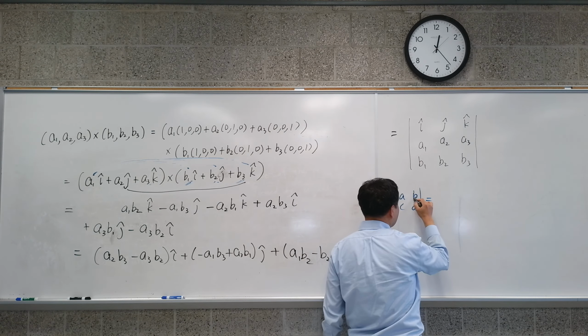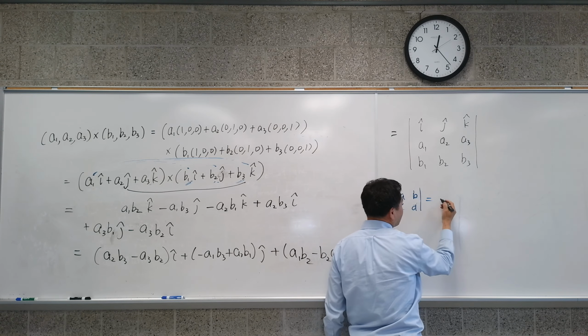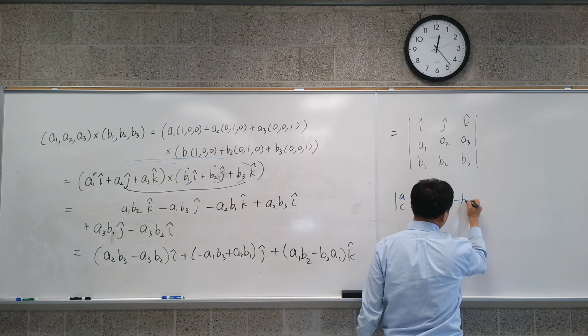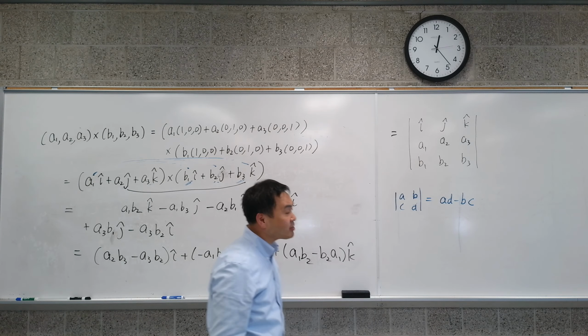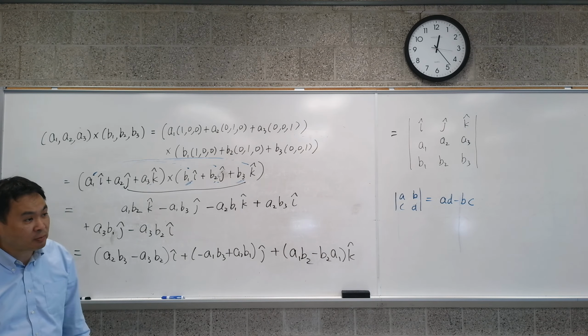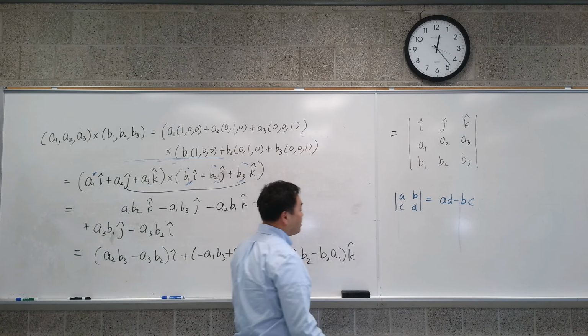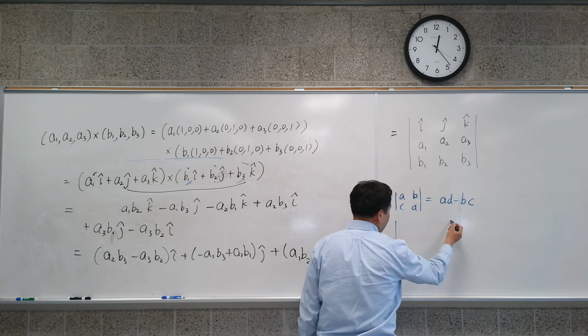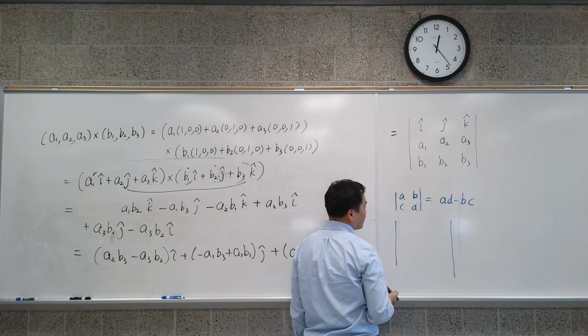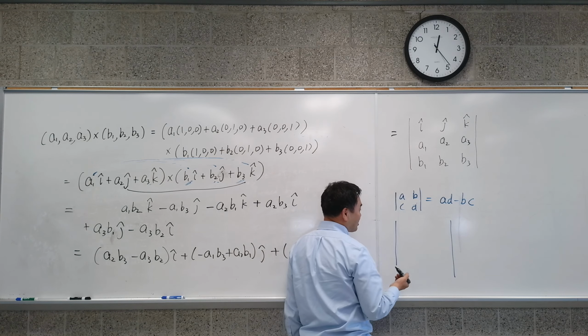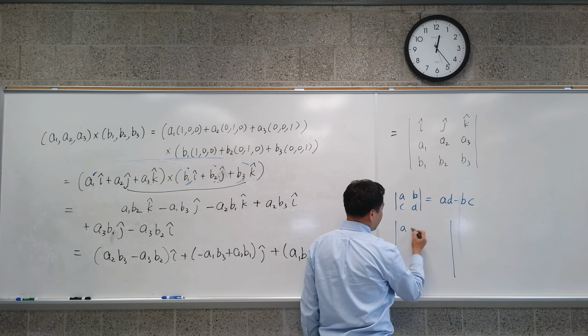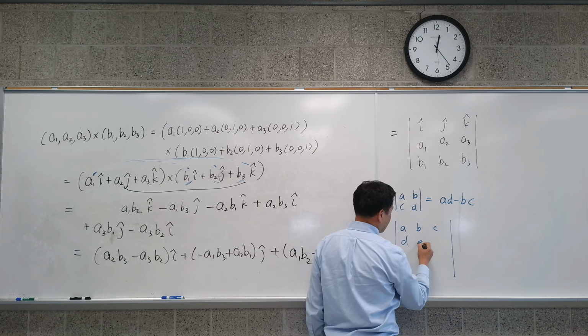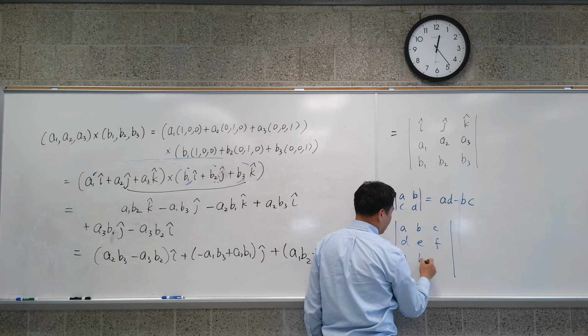You calculate the determinant of A, B, C, D as AD minus BC. That's how you calculate the determinant of 2 by 2. And if you have 3 by 3, that takes some time to calculate, because A, B, C, D, E, F, G, H, I.